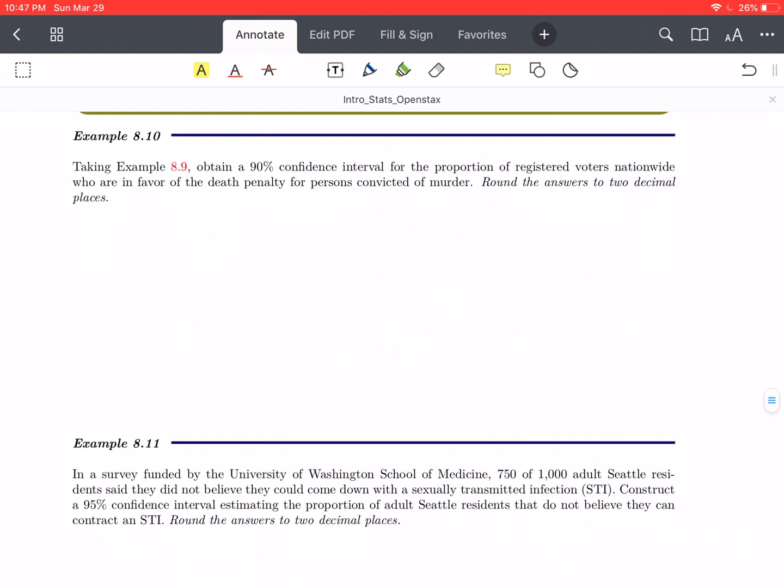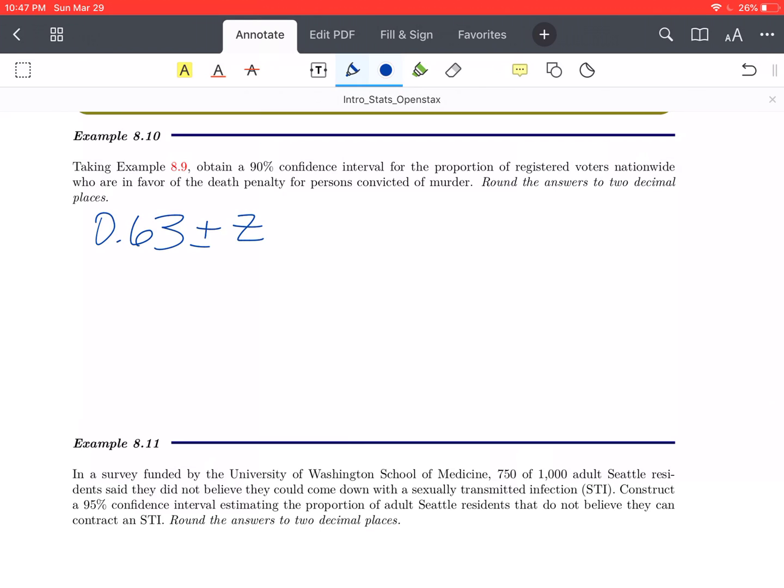So this is following along with the same example with that poll. Okay. So we're going to have here p hat, so hold on to that formula. So that's going to be 0.63 plus or minus, so 90% confidence, so that's alpha is 0.10, right, so 10%.